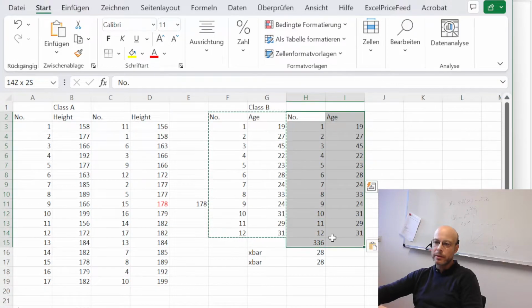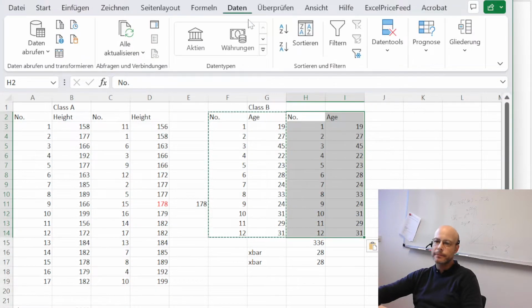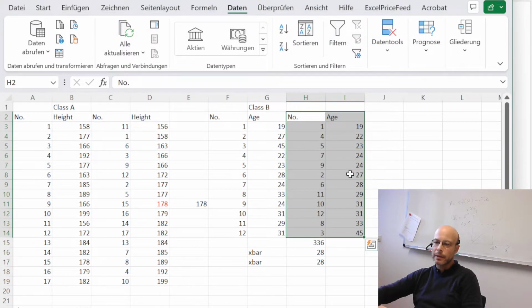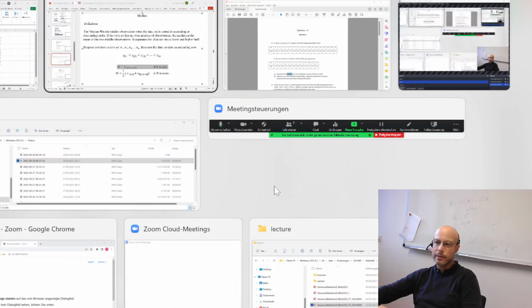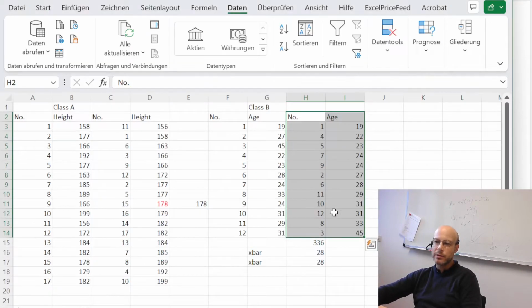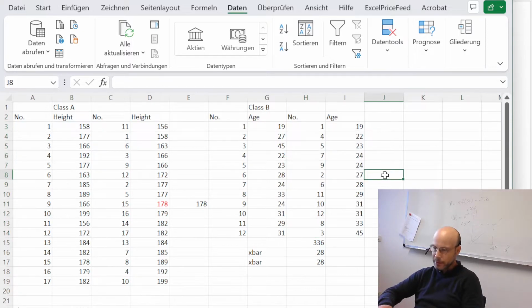So we go in here, data, sort. And in this case we have to take n divided by 2 and n divided by 2 plus 1, these two numbers. This would be, if we have 12 numbers, numbers 6 and 7. So 27 and 28. And since we have no true middle here for the median, we take the arithmetic mean of these two numbers.